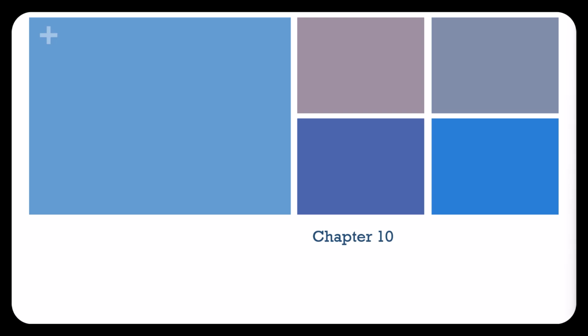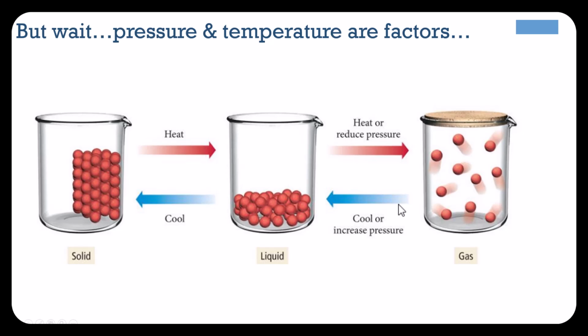Today we are going to talk about phase diagrams. Up until this point we have talked about phase changes, so solids, liquids, and gases. And this is one of the very first graphics that I put up for this chapter, right? We know that there is a temperature component to these state changes.